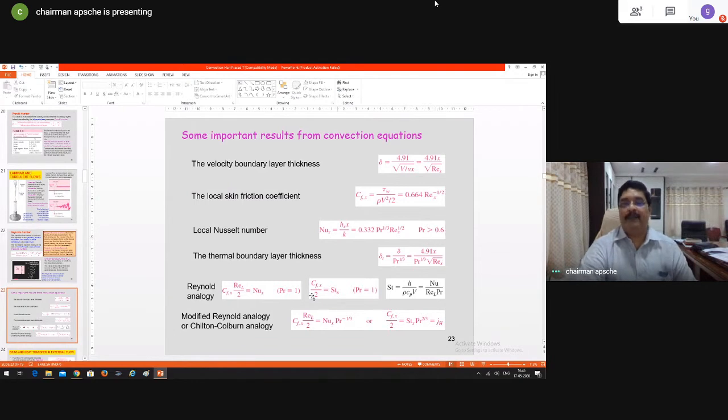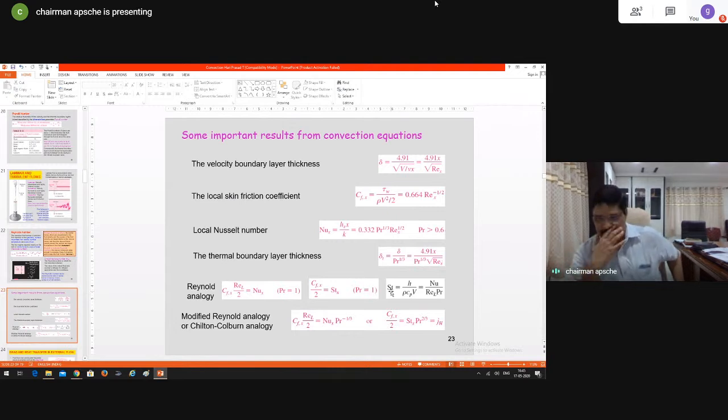The thermal boundary layer thickness delta T is given in terms of Prandtl number, and when Prandtl number is 1, delta T is equal to delta. So when Prandtl number is equal to 1, the hydrodynamic boundary layer thickness and thermal boundary layer thickness are one and the same.